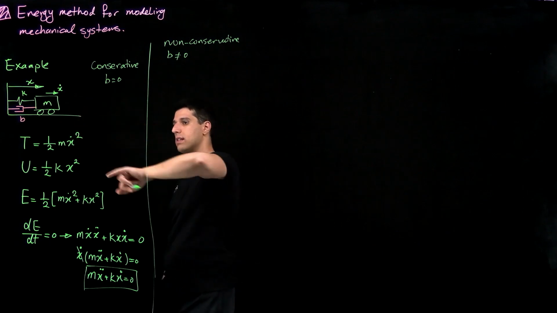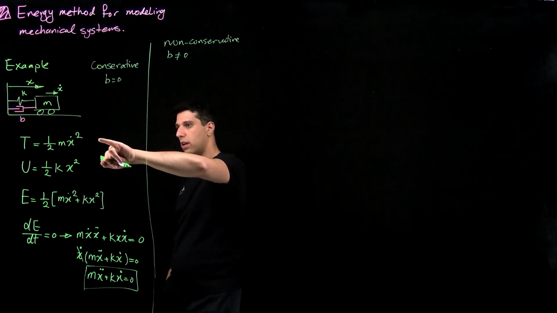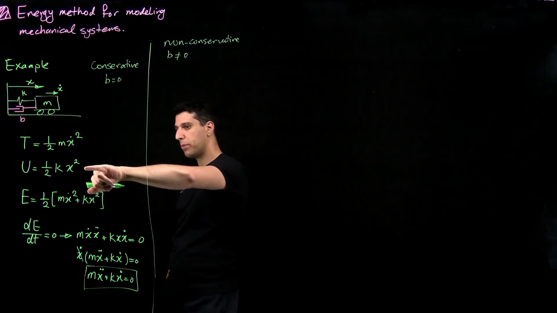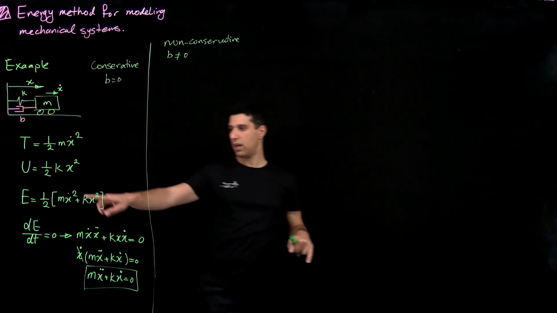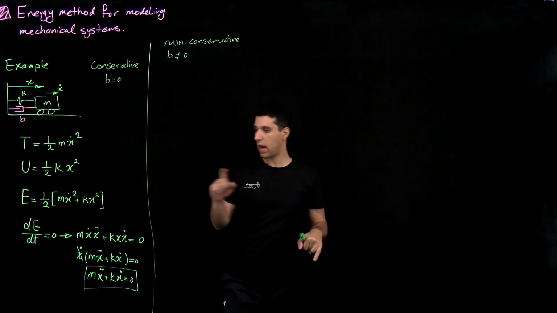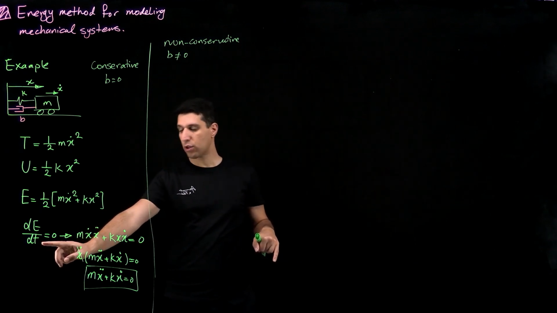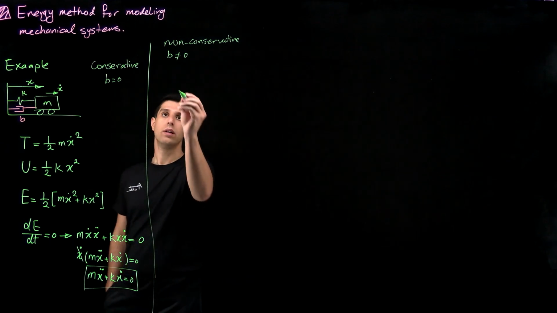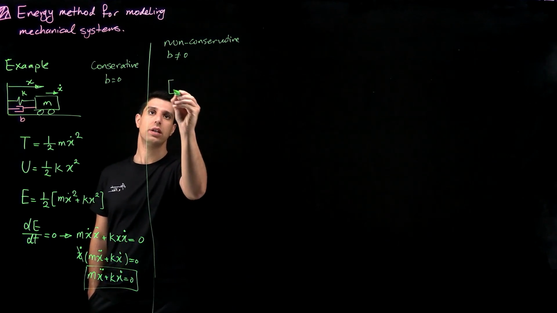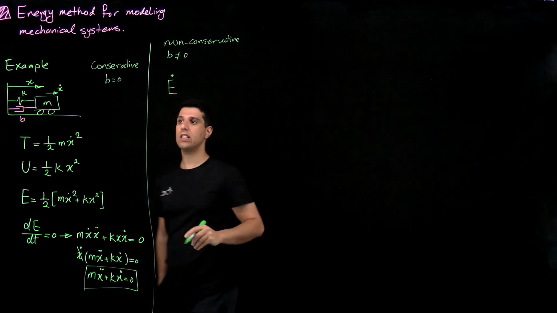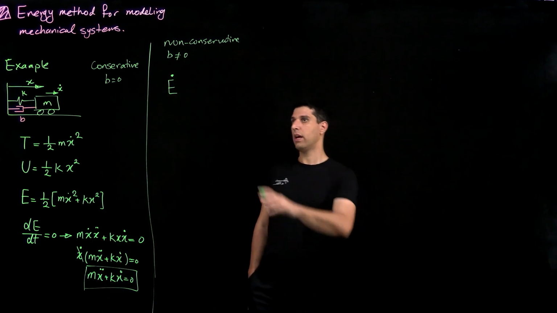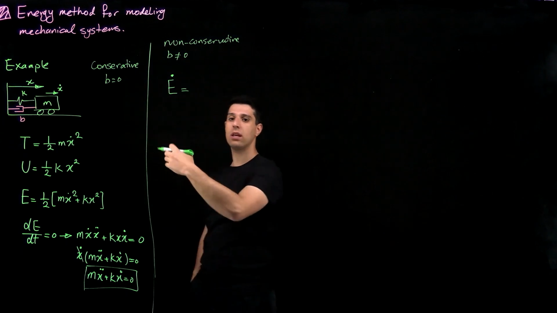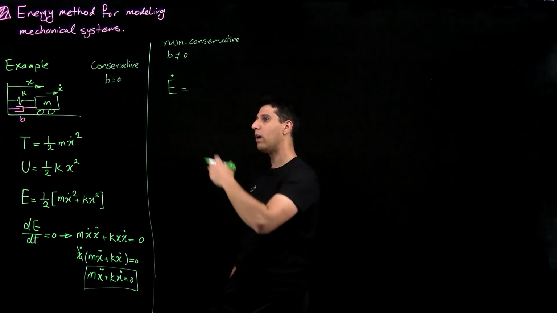Still at this instant shown, the kinetic energy is like that, and the potential energy is like that, and the total energy is like that. However, the total energy does not remain conserved. So the rate of change of energy of the system equals whatever energy is being taken out from the system.